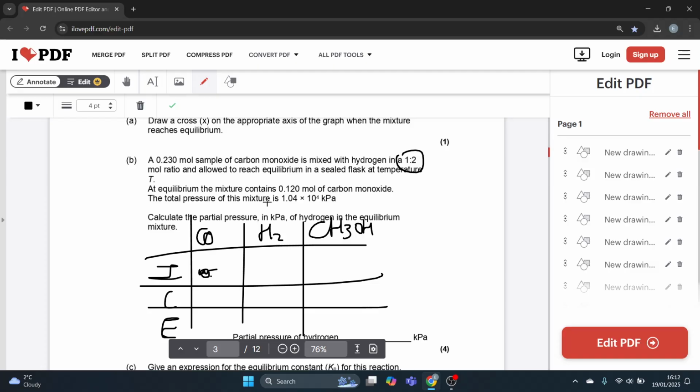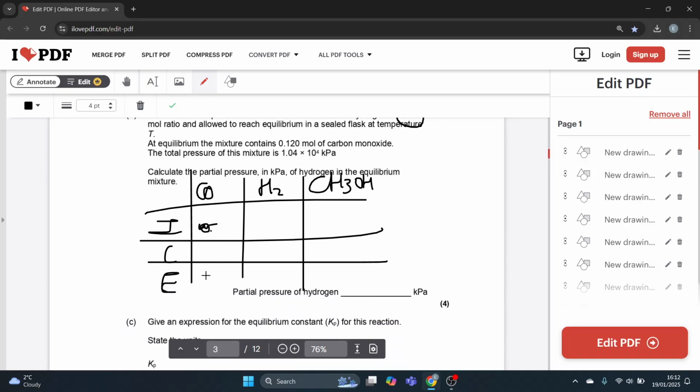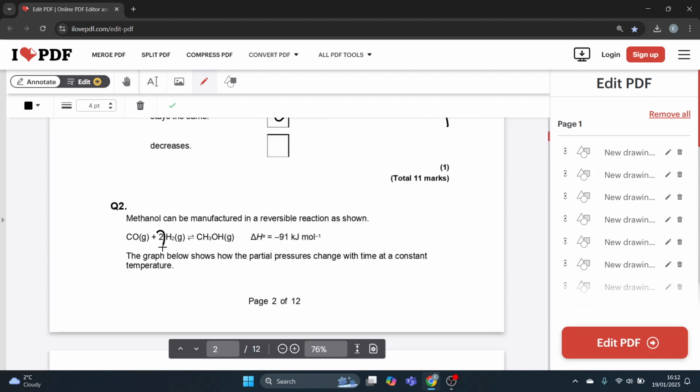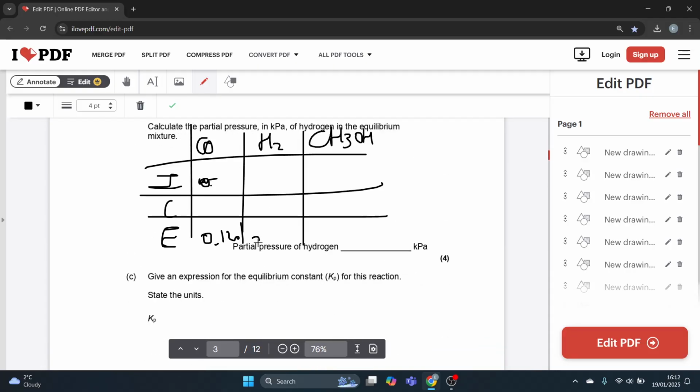No, that won't give me the answer. This is mixed with hydrogen in this ratio. The equilibrium mixture contains this much carbon monoxide. Therefore, the equilibrium moles of hydrogen is going to be double that, 0.240.